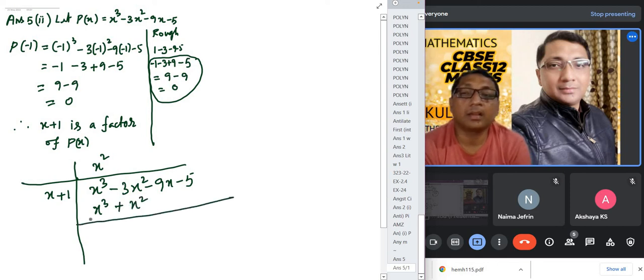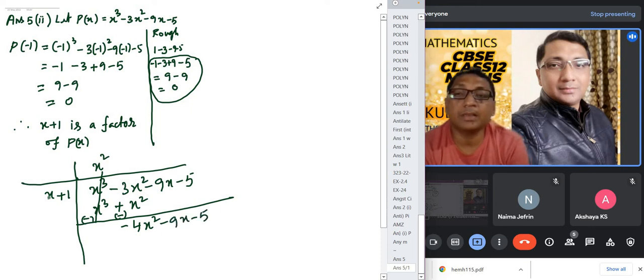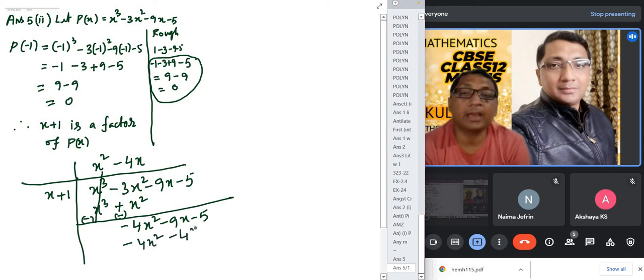Then subtract. Here minus sign, here minus sign. Cancel it. Now -3 minus 1 is minus 4x square. Minus 9x minus 5. Then its first term, if we divide, we'll get minus 4x. Then minus 4x square, minus 4x. After that again divide.